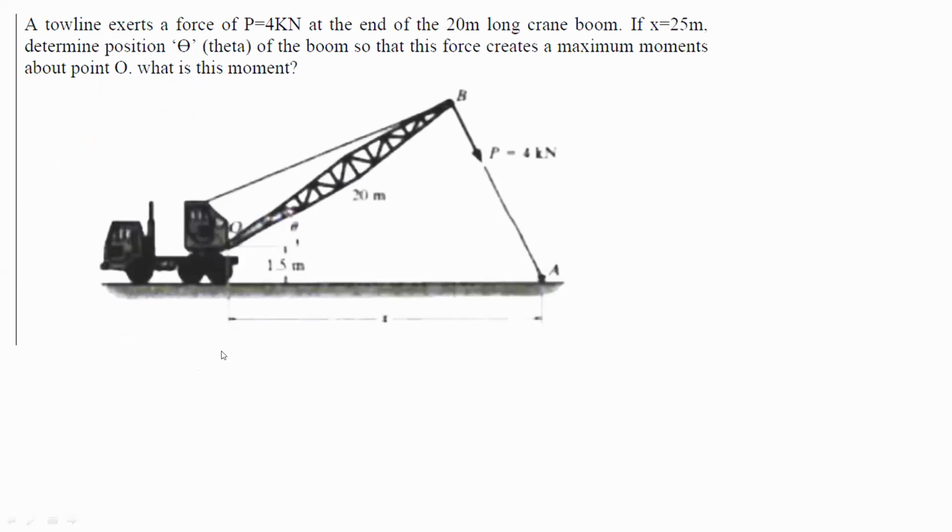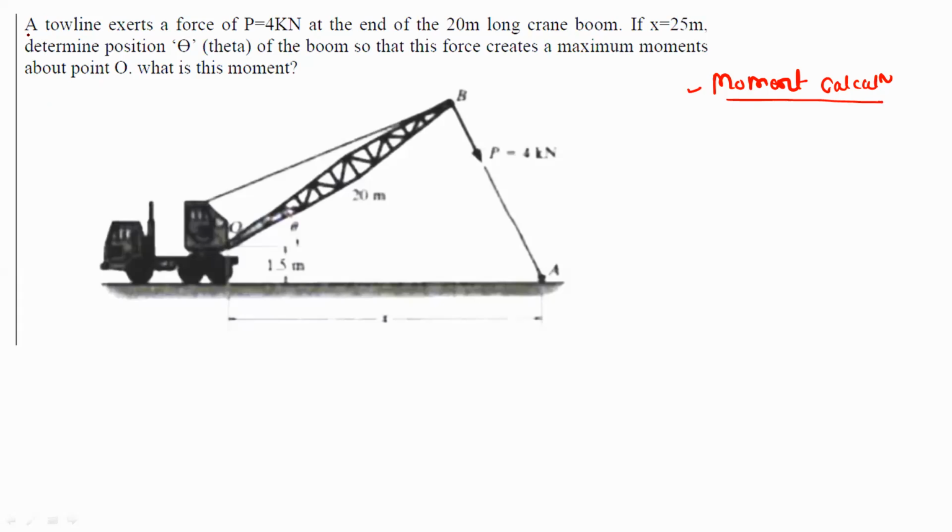So now we will solve one more example. So this is not on the parallel force system, but it is on the moment. So this is on the moment calculation. So note down this problem.